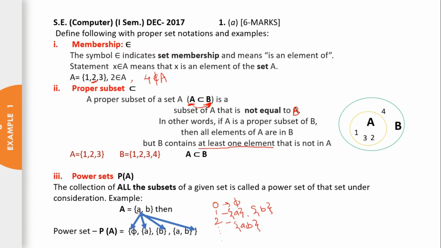All possible subsets will be all occurrences of your elements, and we just have to write them in set notation. 0 occurrence will become the null set. 1 occurrence written as a set will be the set with only a, and the set with only b. 2 occurrences of elements will be the set with a, b. Now these are all possible subsets of your given set, and they will be elements of the power set of set A.